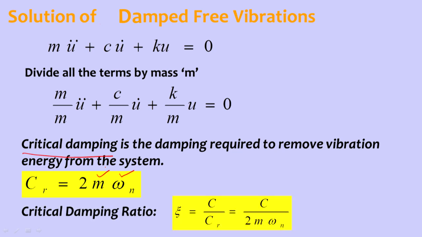Now, the ratio, that is, the percentage of damping present in the system compared to the critical damping, is C by Cr. We introduce a new term called zeta, the ratio to critical damping. Substituting Cr, we have zeta as C by 2 m omega n.